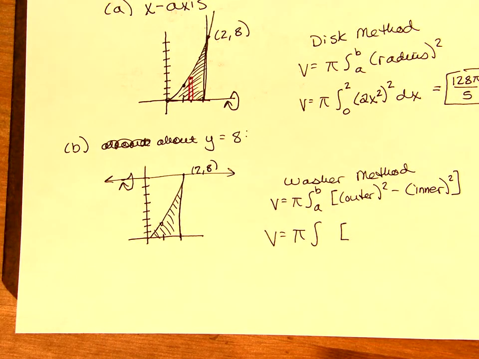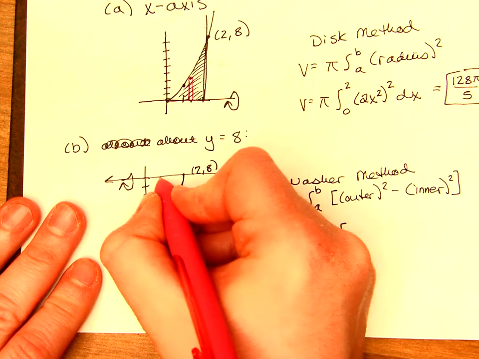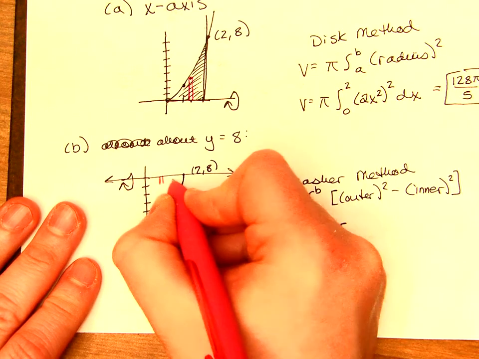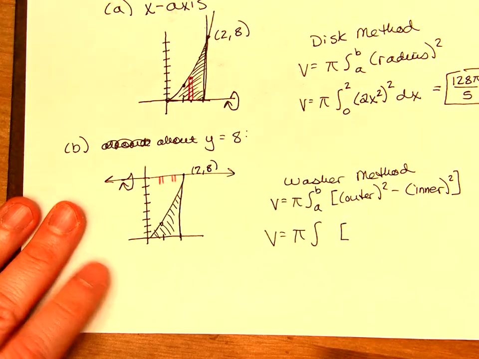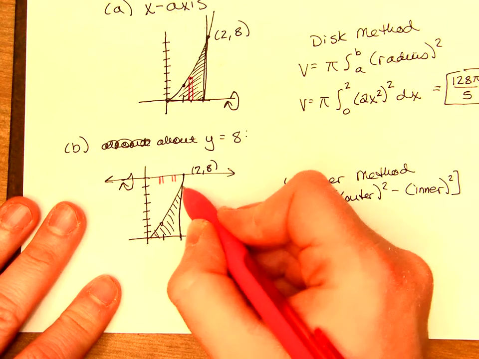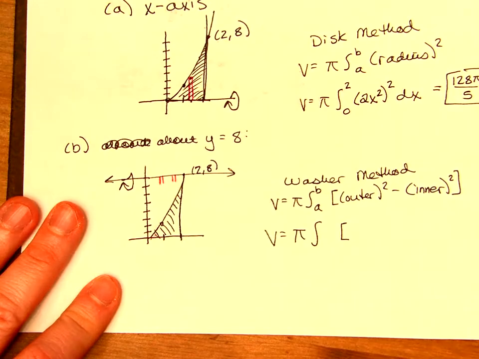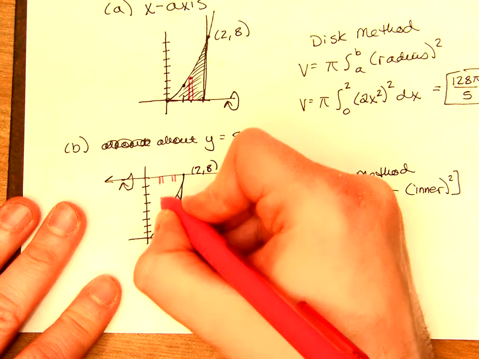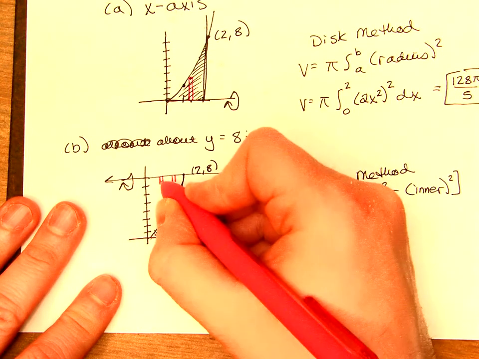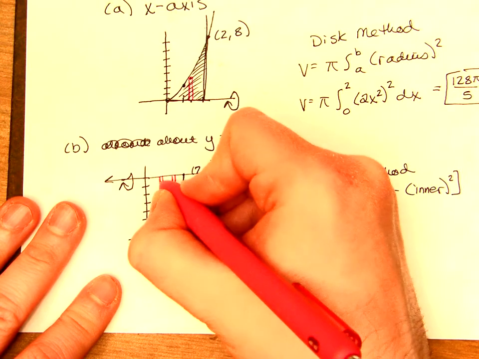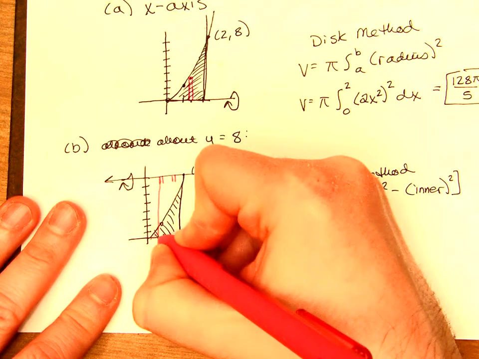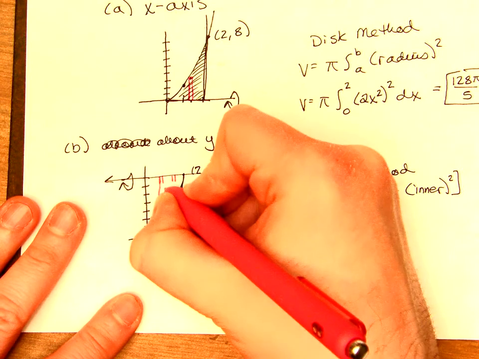So both radii are going to start on y equals 8. My region over here is bound by the x-axis and the parabola. My furthest away part of the region is bound by that line, the x-axis. So I'm going to make my outer radius go from y equals 8 all the way down to the x-axis.